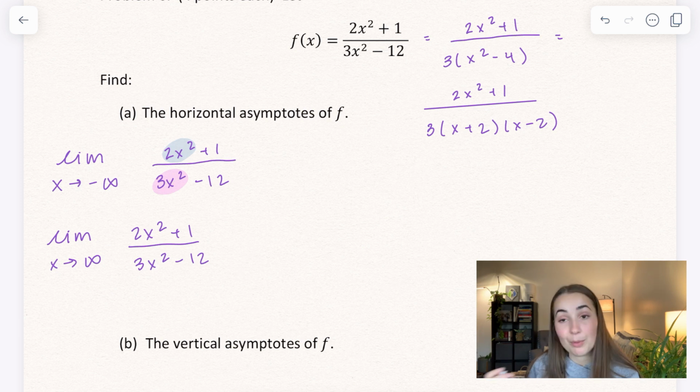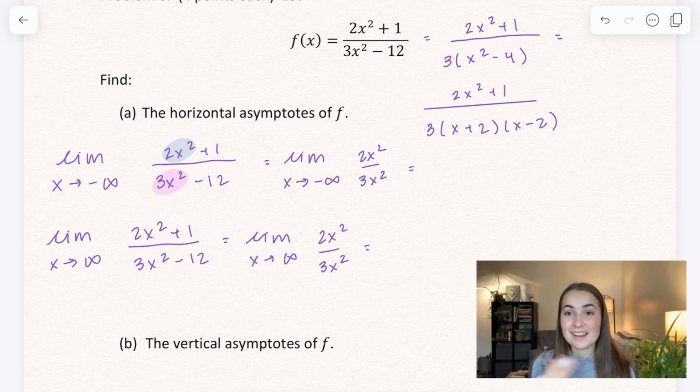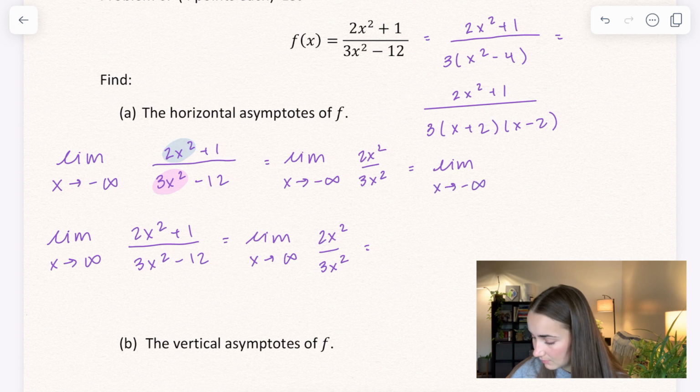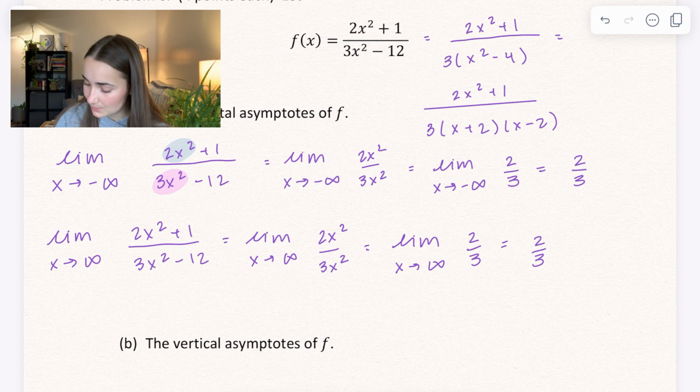And we can do that on both of these limits. So next we can go ahead and simplify both of these, right? Those x squared cancel out. And when we take the limit of a constant, it's just going to be equal to that constant. So here we get 2/3 for both of them, which means we only have one horizontal asymptote, and that's going to be at y equals 2/3.